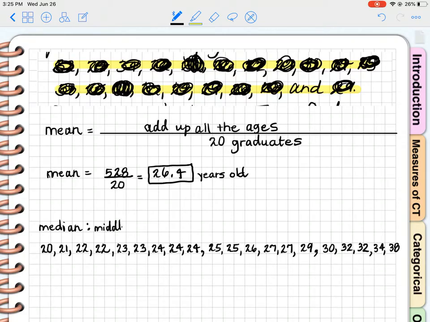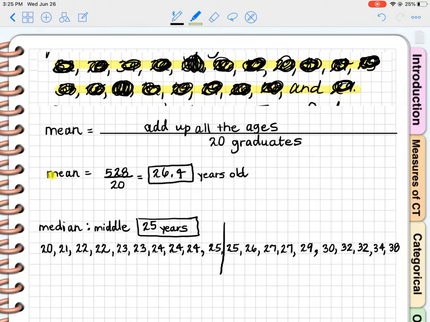Now, if you've got 20, what's the middle? The middle is 10. So 1, 2, 3, 4, 5, 6, 7, 8, 9, 10. The middle is right there. 10 on one side, 10 on the other. So the median is 25 years. That's the middle age if you put them all in order.